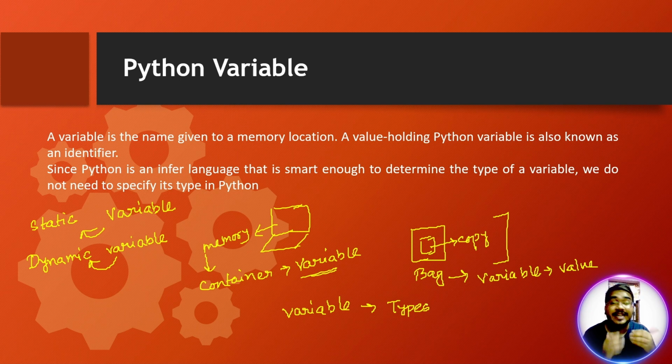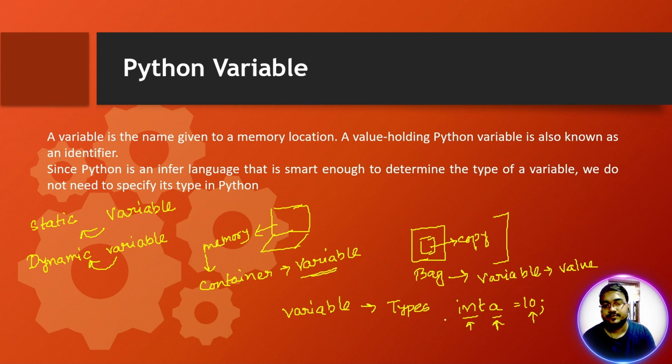That means we need not declare the type of any variable. Suppose हम अगर C और C++ या Java में कोई वेरिएबल को डिक्लेयर कर रहे होते हैं तो कैसे करते हैं? int a equal to 10. Suppose this is an integer number. I think everybody knows what an integer number is, right? So this a is called a variable, this int is called the type of that particular variable, and you are assigning the value. So 10 is the value of this particular variable.